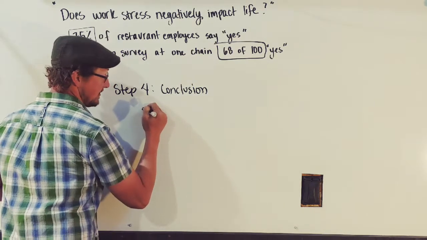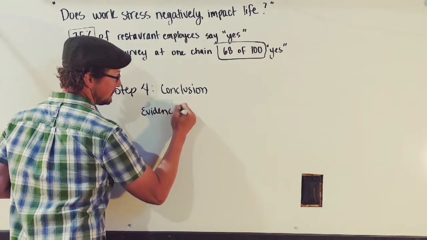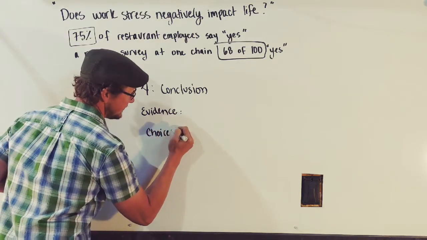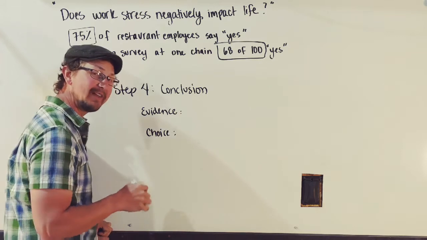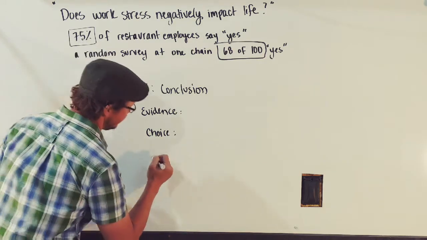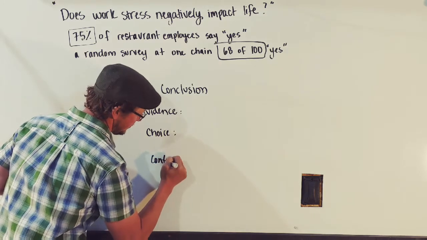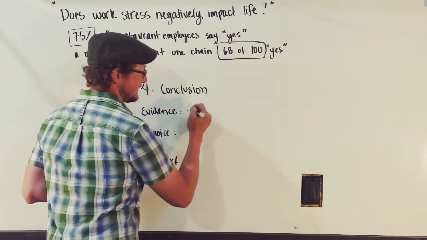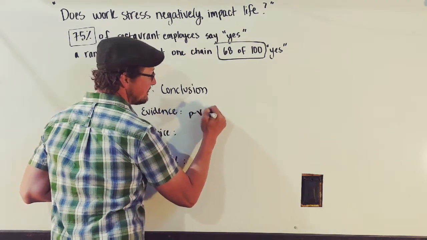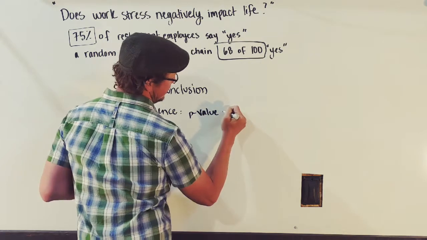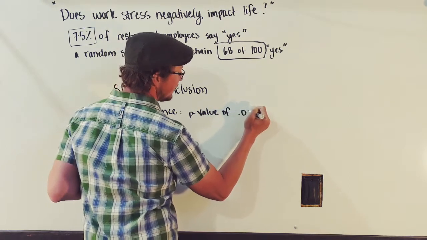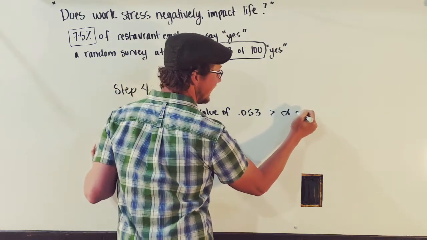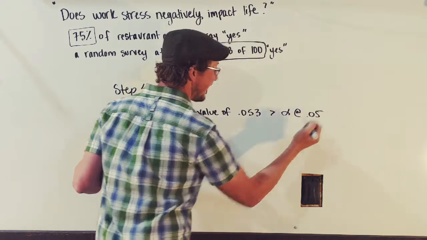So we need the evidence, we need to make a choice, and then we need to put that choice into the context of the problem. So our evidence, we had a p-value of 0.053, which is greater than alpha at 0.05.